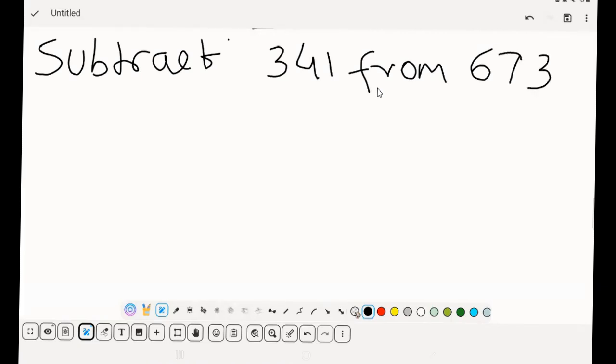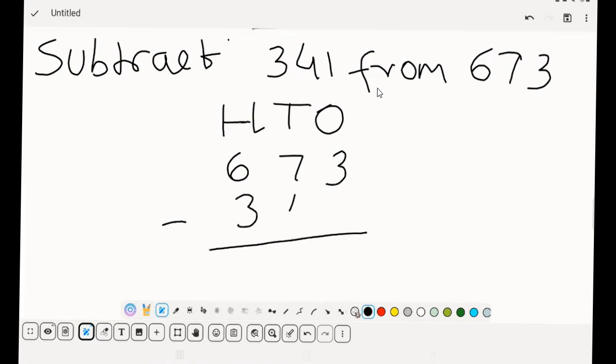Then the first step will be write the number in HTO pattern. The HTO pattern of 673 is this, and minus sign, 341 in HTO pattern.